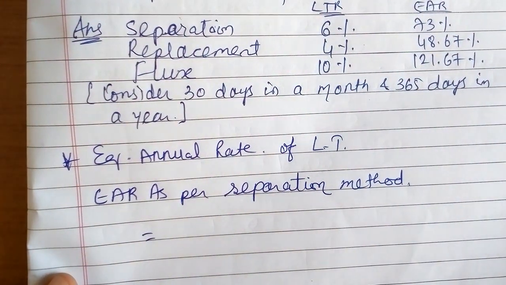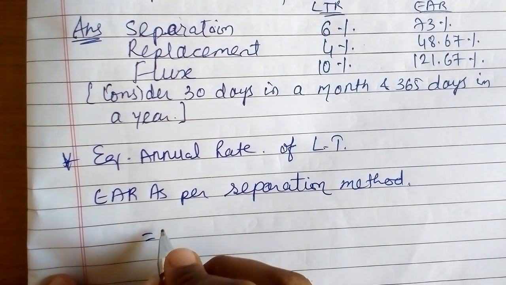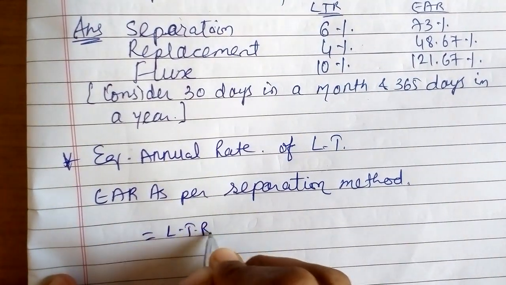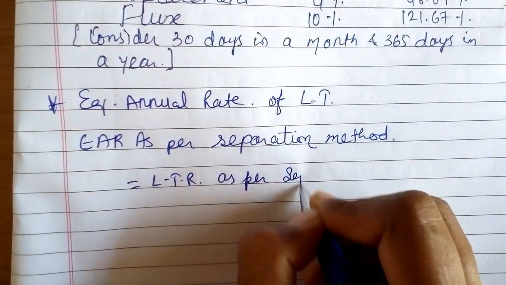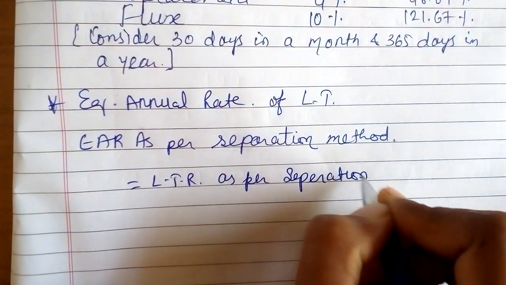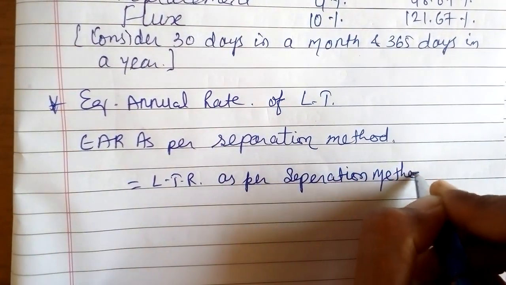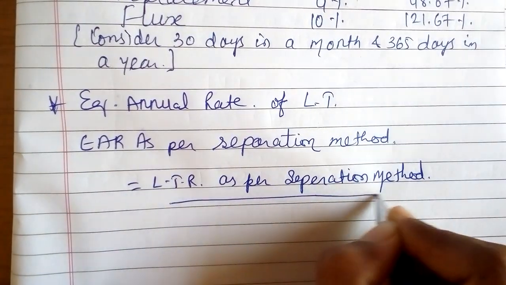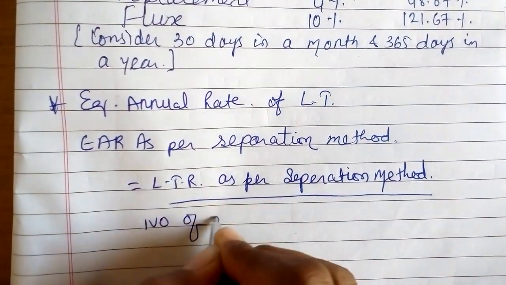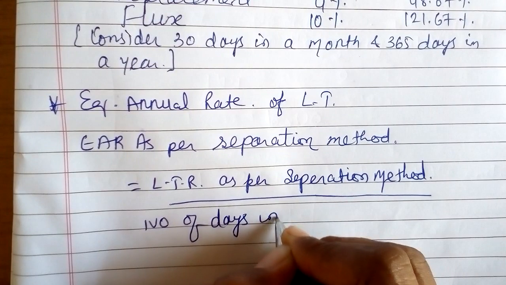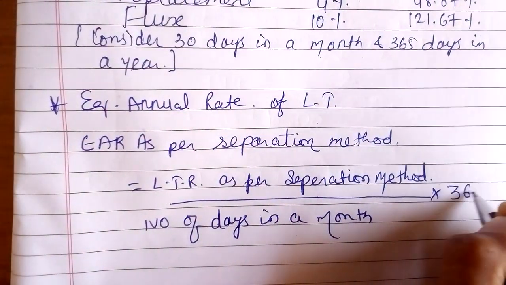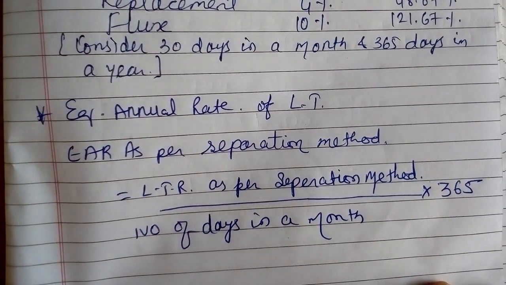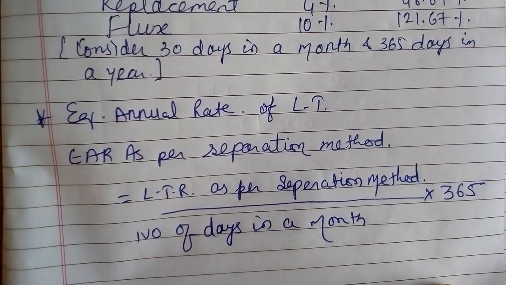So there will be the formula: labor turnover rate as per separation method divided by number of days in a month, and number of days in a year, 365 or 360, you can take any, right?